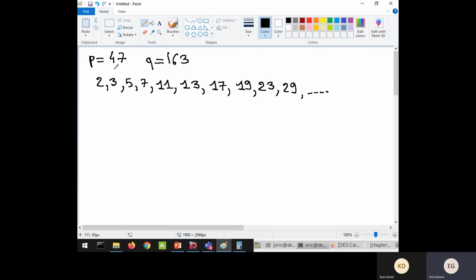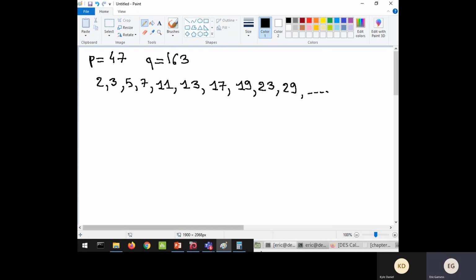If I ask you to show that 47 is not a prime number, you start dividing 47 by 2. If it gives you an exact division, it means that it's not prime.